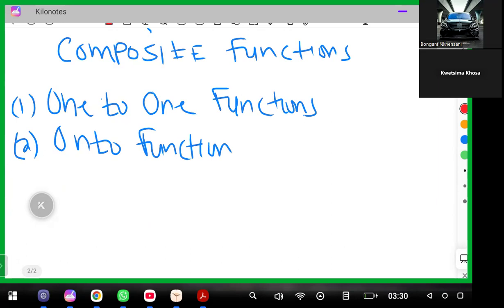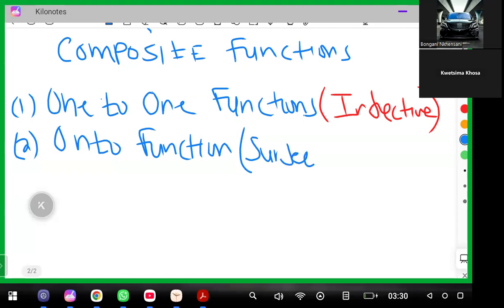This one we call the injective function. And then this one we call the surjective function. Then we also have the third one, which is a combination of these two.